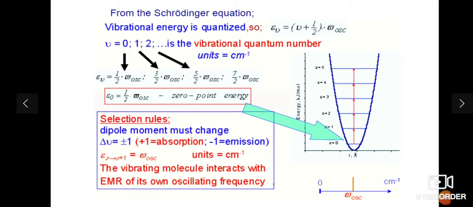The lowest energy, obtained by putting nu equal to 0, is half omega bar oscillation. So it indicates that a diatomic molecule can never have zero vibrational energy. This quantity is nothing but the zero point energy.